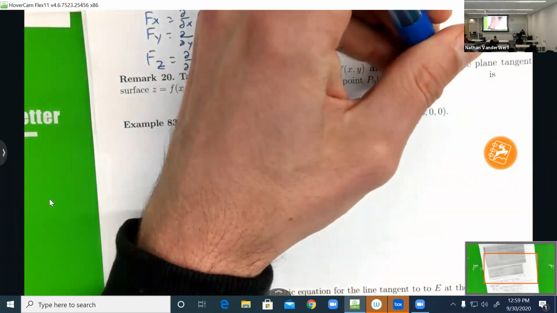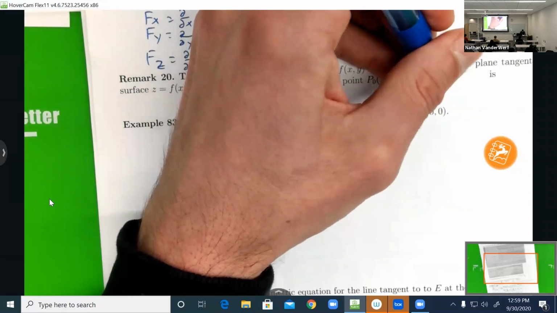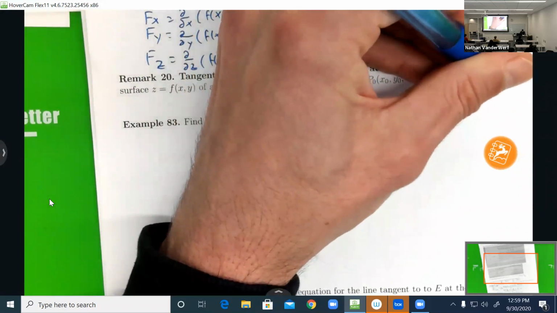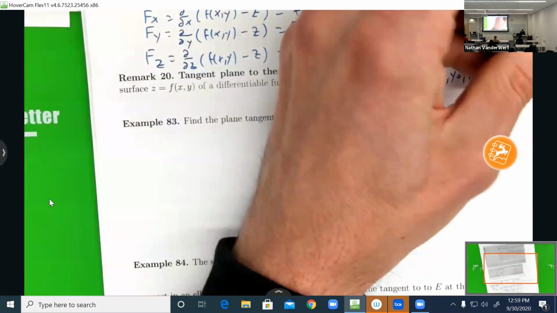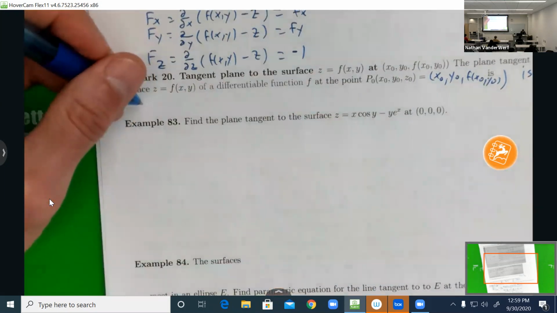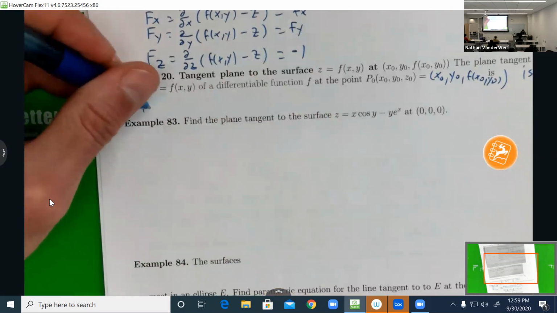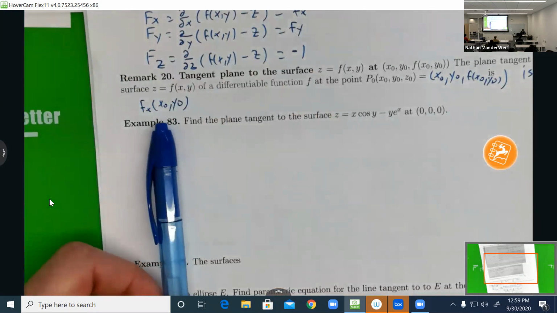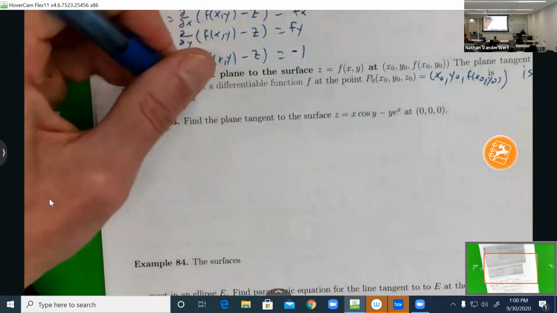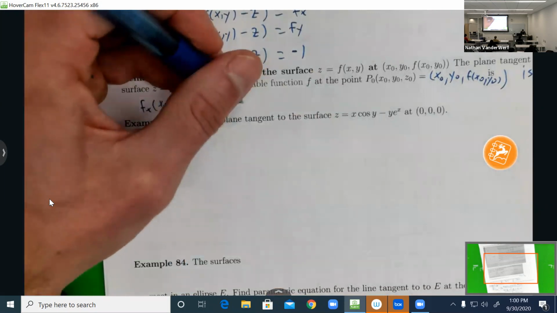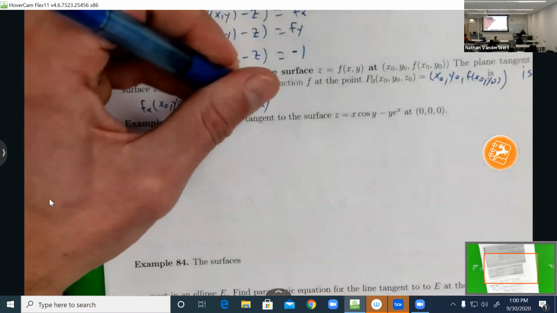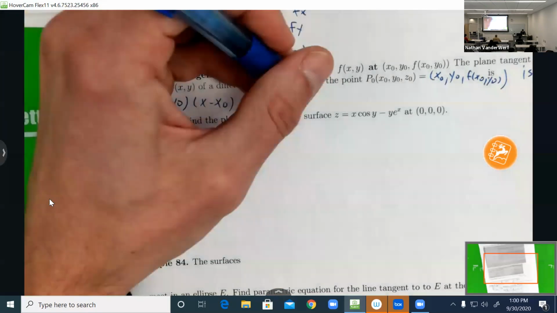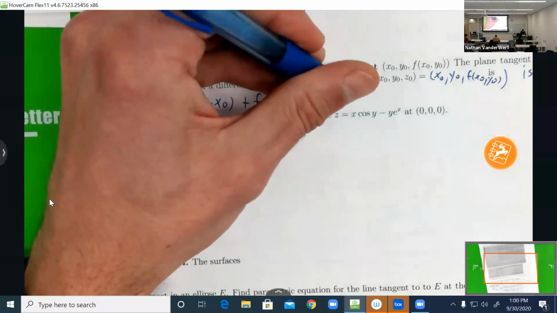We'll rewrite this as x0, y0, f of x0, y0, and think of it like that, right? And then this is going to be basically what we wrote down last time, fx at x0, y0. Instead of writing p0, we'll just write it like that instead. So it means the same thing. x minus x0 plus fy at x0, y0 times y minus y0.